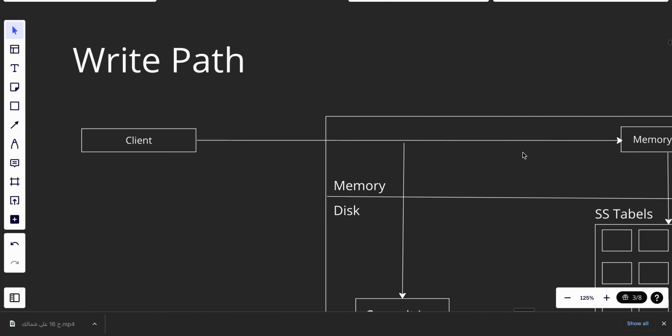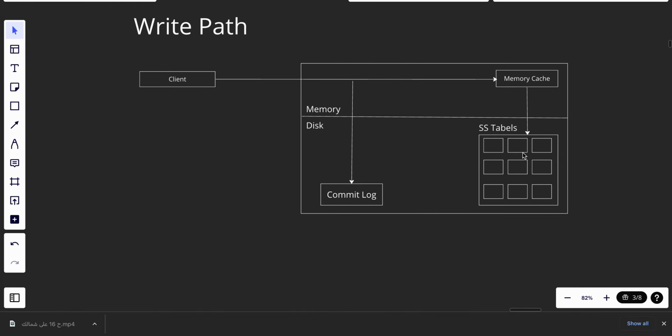Now let's talk about the write path. In the write path, the client will try to store the write request. It persists to a commit log.